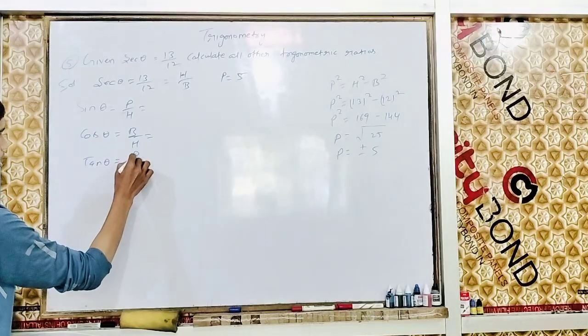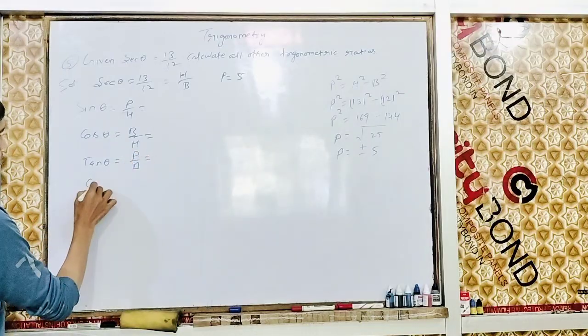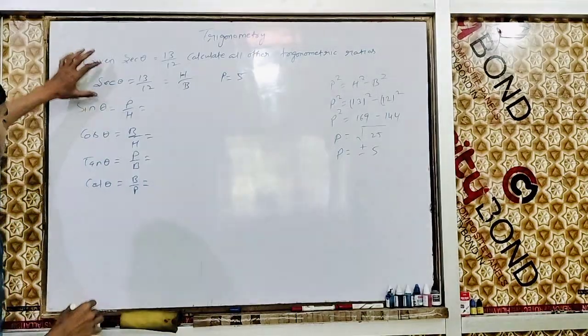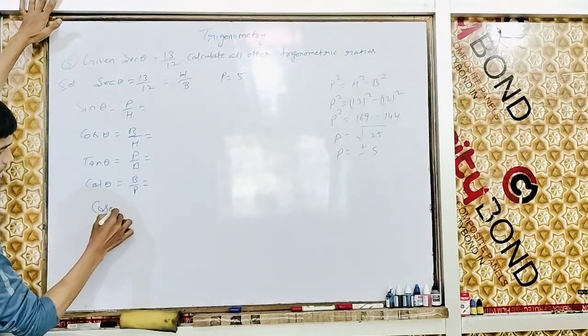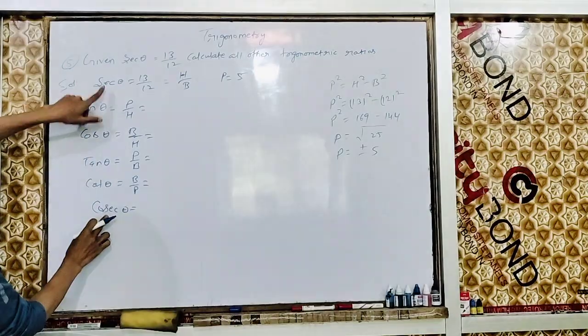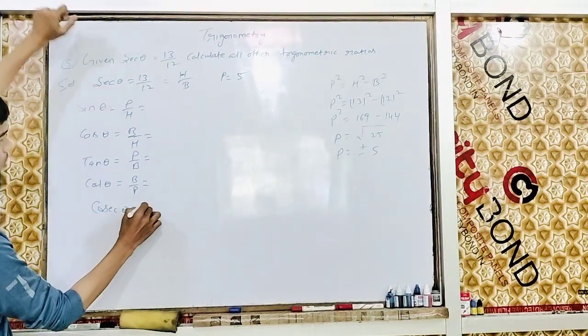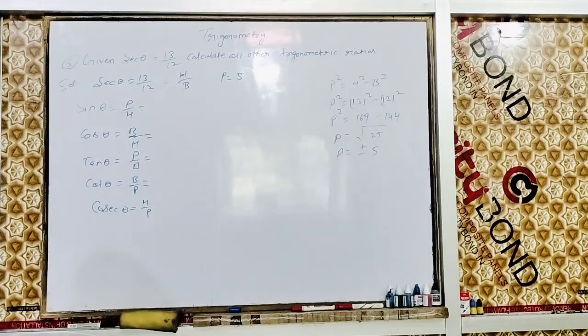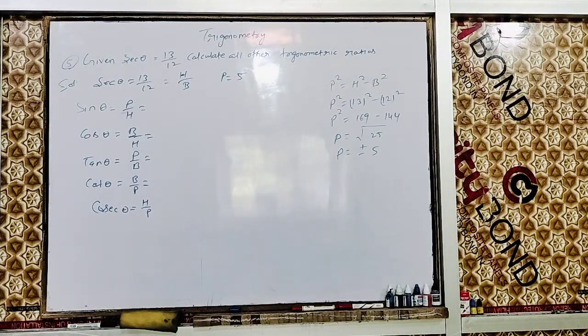Then cot. This is b upon p. And then cosec. Here you can see this is just the opposite of sine, so it would be h upon p. It is a reciprocal of sine.